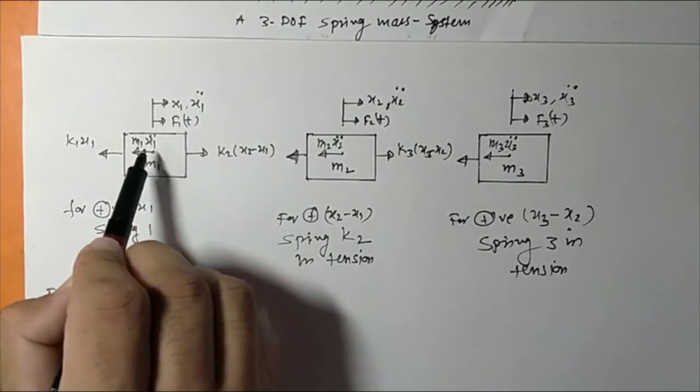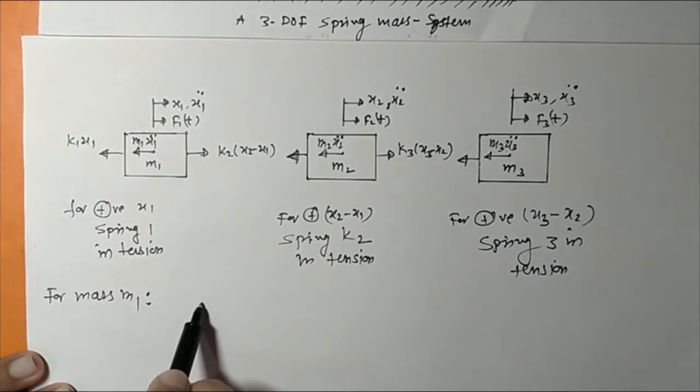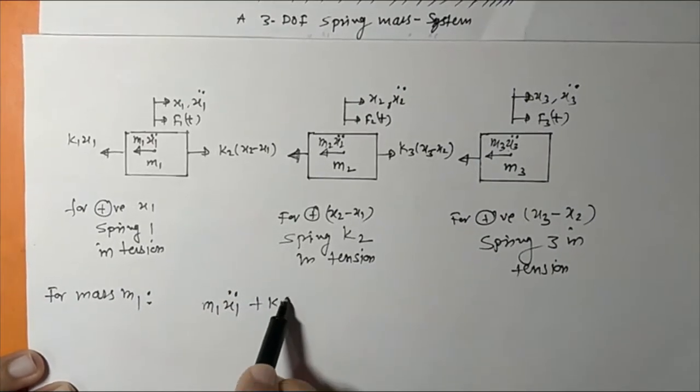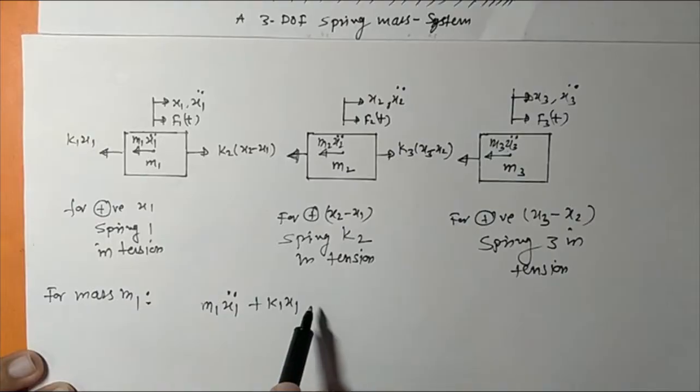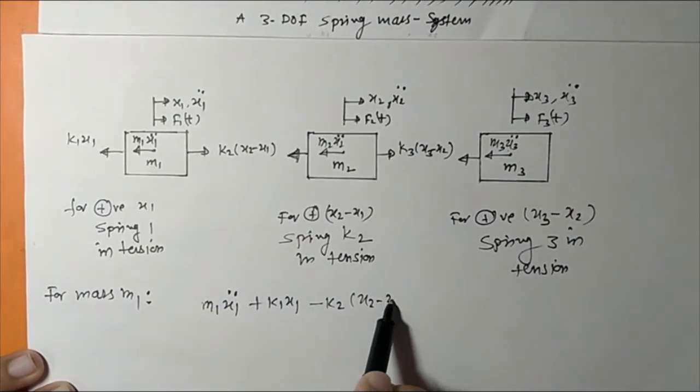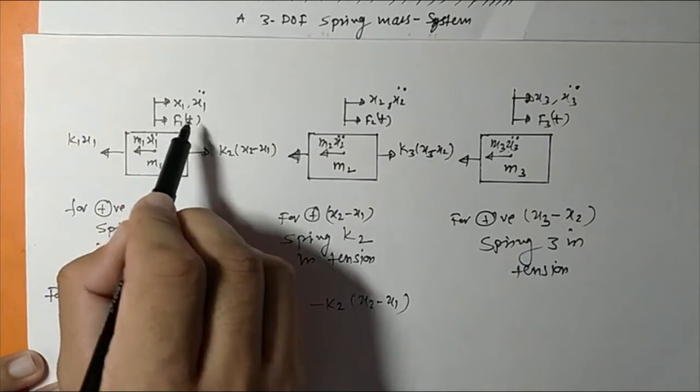So we'll apply the force equilibrium. So this would be m1 x1 double dot plus k1 x1 minus k2(x2 minus x1) equal to F1(t).